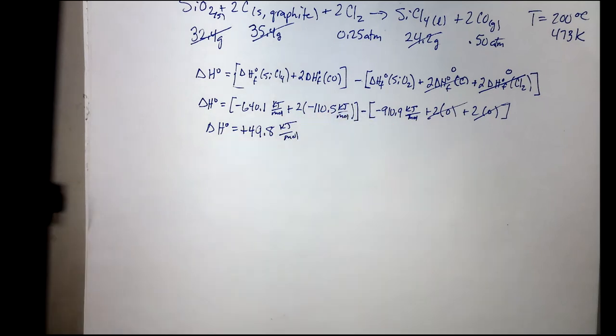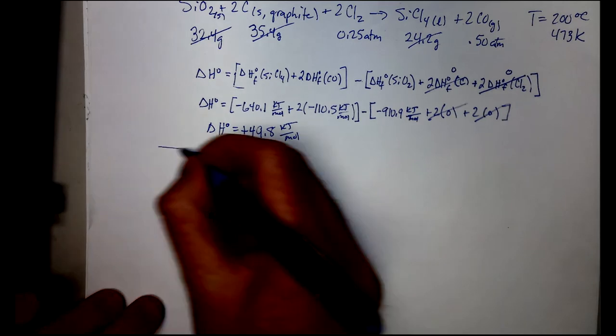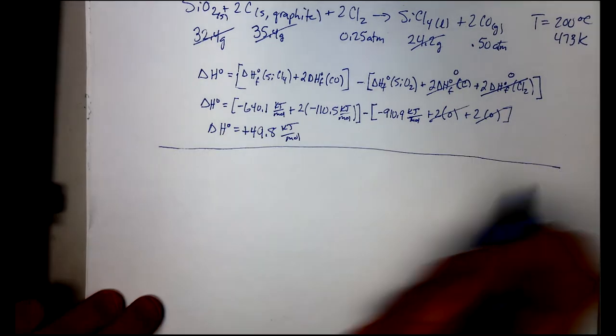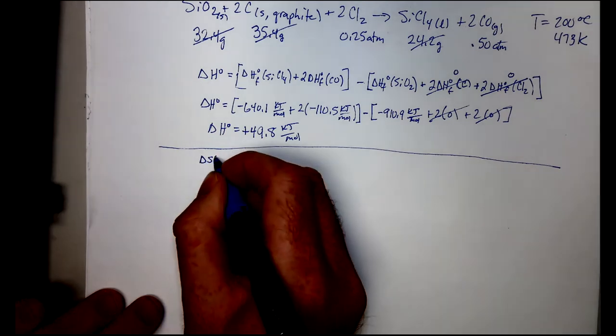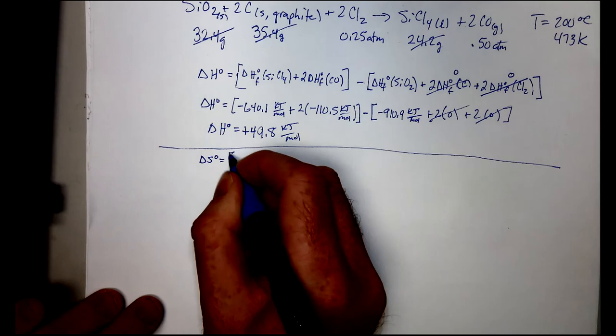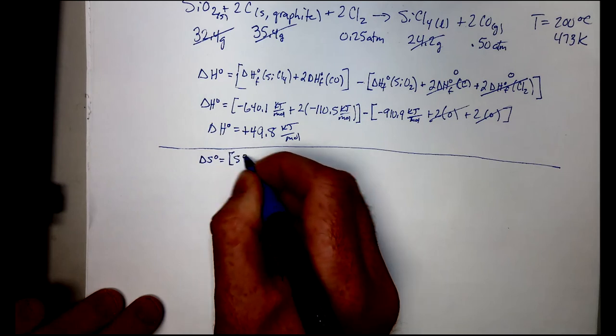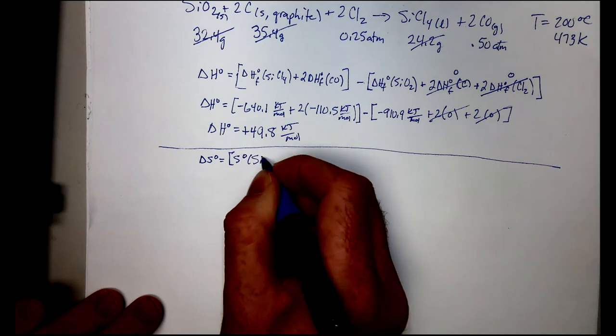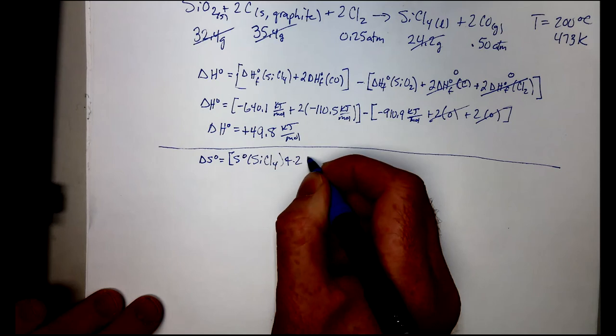So that's an endothermic process. That's not favorable, but that's okay. We're not done calculating. Now we're going to do the same thing for the delta S standard, except we're going to substitute in the S instead of the H, but the functional form is identical.